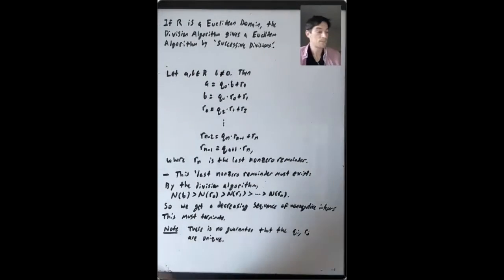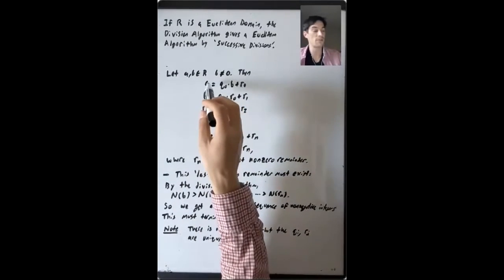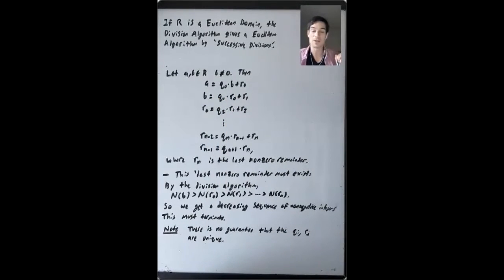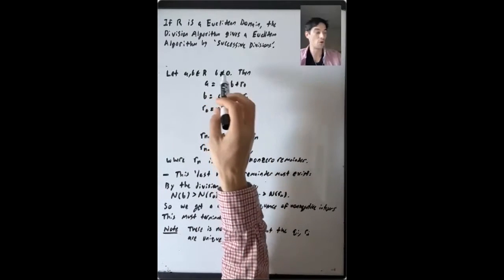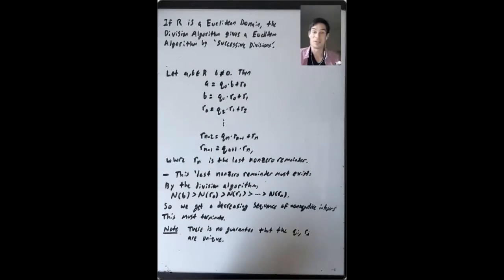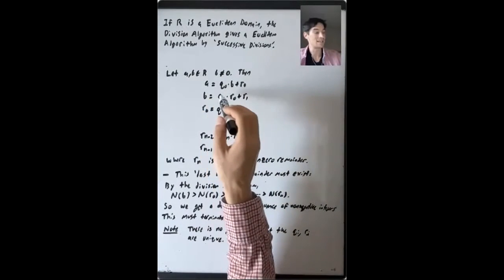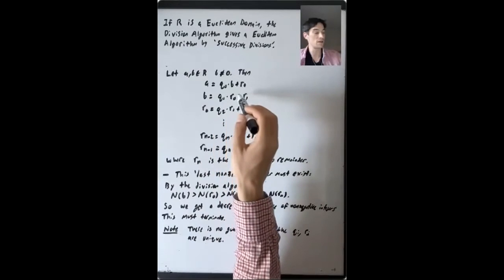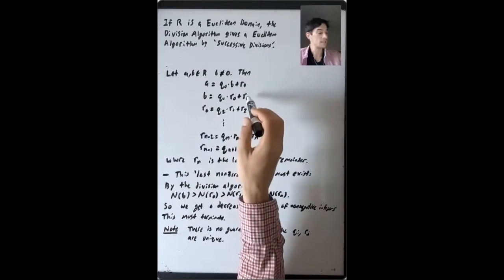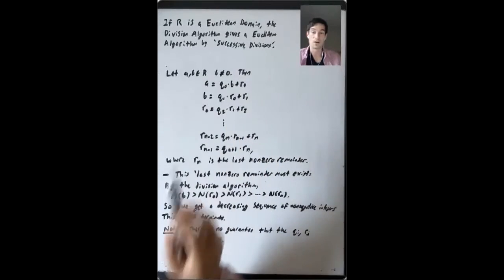So what does that mean? Let's say that A and B are in R, and B is not 0. Then, applying the division algorithm, you can write A equals Q0 times B plus R0, where the norm of R0 is less than the norm of B. Then you can do it again and write B as equal to Q1 times R0 plus R1, where the norm of R1 is less than the norm of R0.